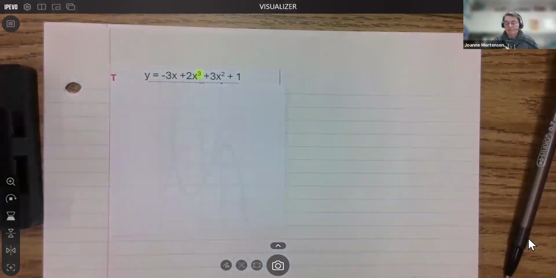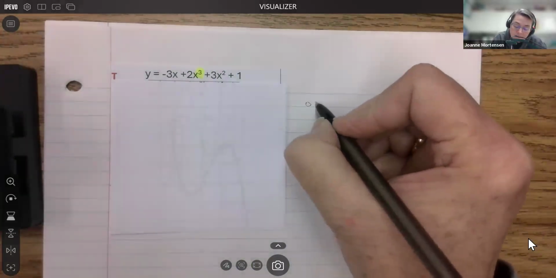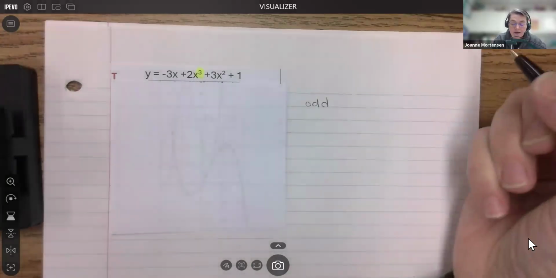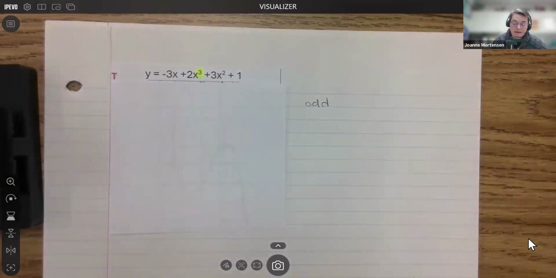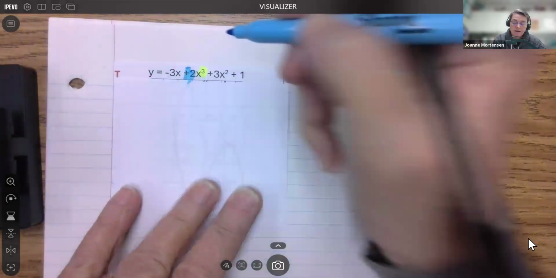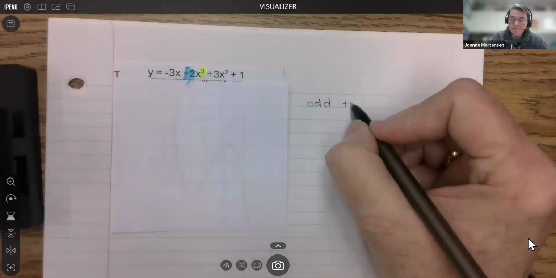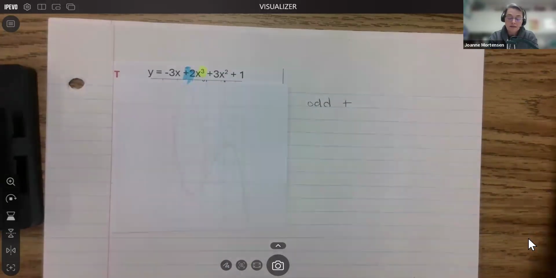All right. So three is odd. And then I look at the coefficient, so the big number in front, and it's plus two. And I just want to make sure that it's clear.